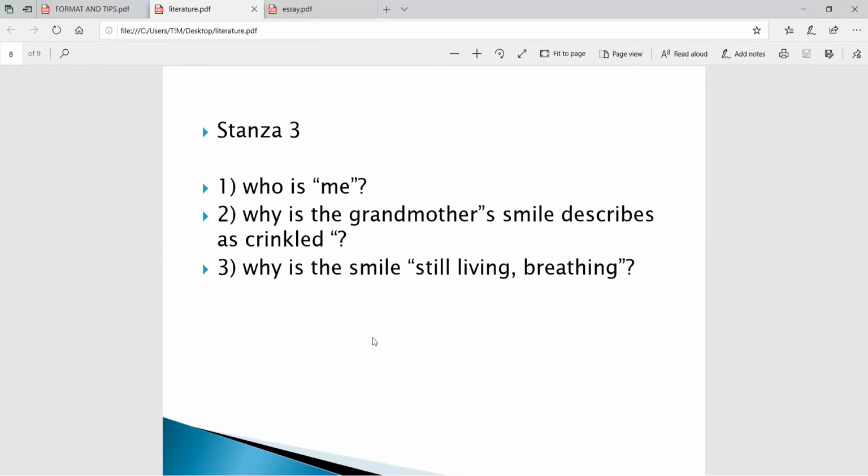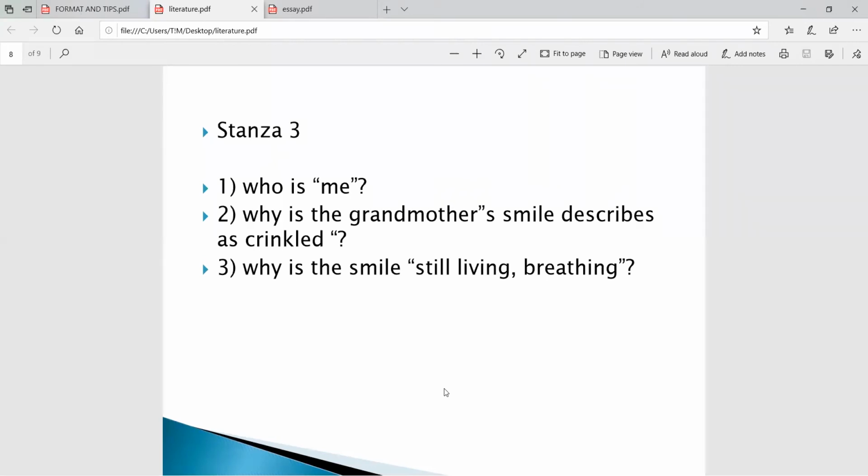The third question, why is the smile still living and breathing? Meaning they're asking for a reason, all right? You have to infer why the granddaughter feels that she is still living. Actually, she believes that the grandmother's smile is still living and breathing because it was very genuine, right?